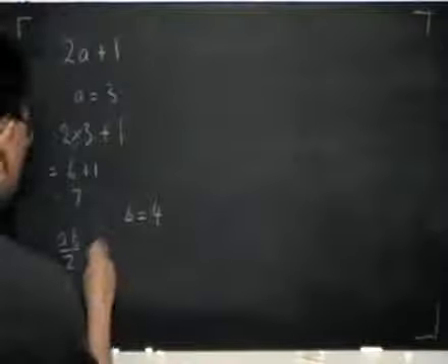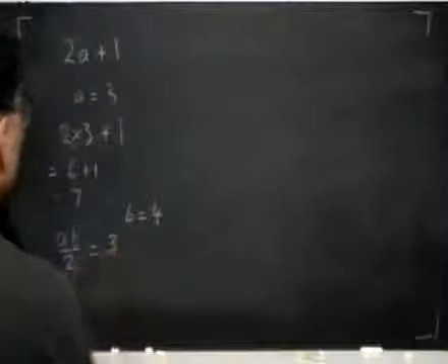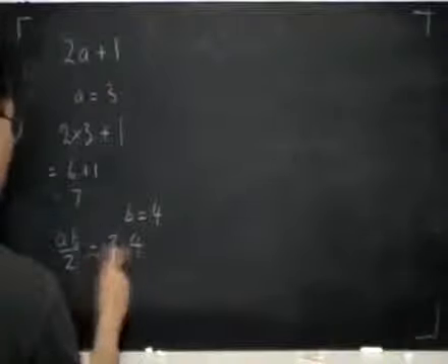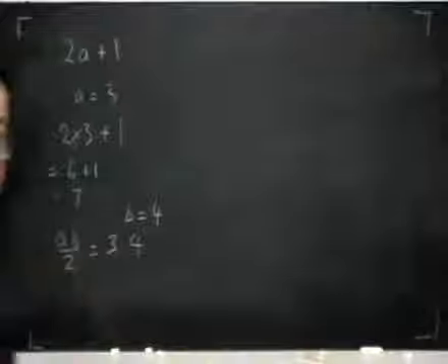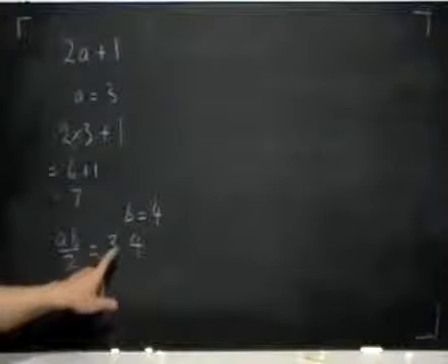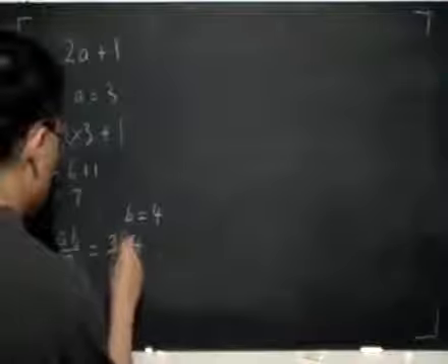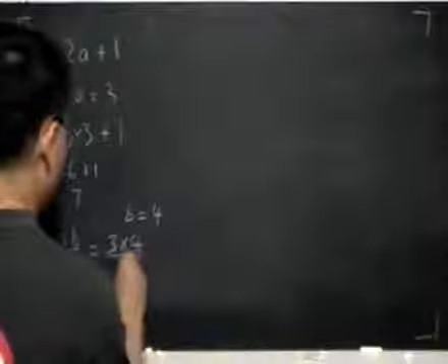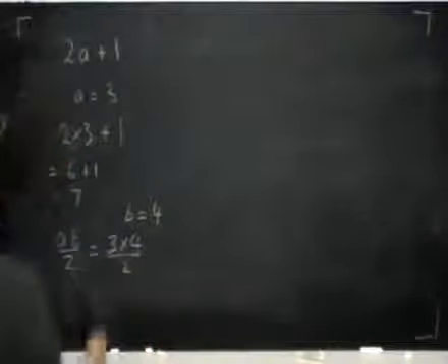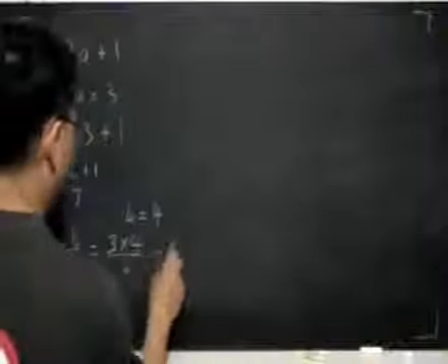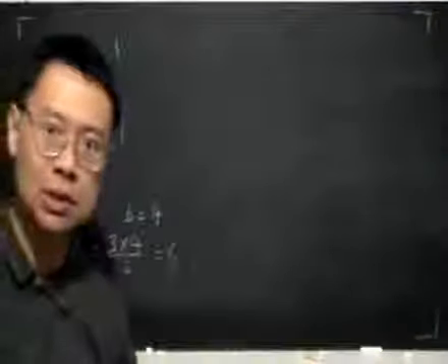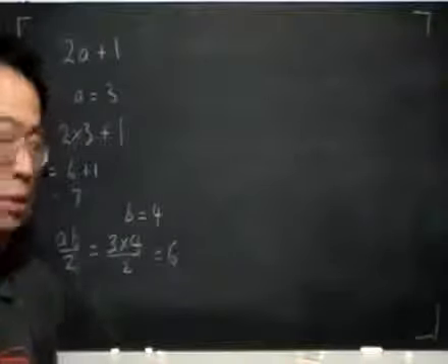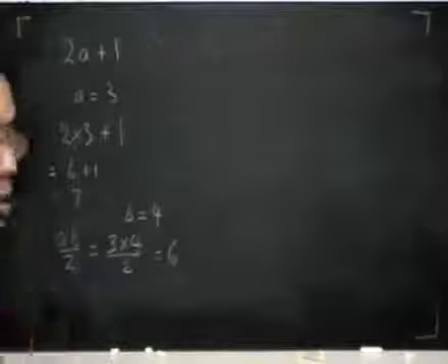So a is 3, b is 4, and since we have numbers now, we know that ab in algebra means a times b, so we need to insert the times sign between them, over 2. Then 3 times 4 over 2 would be 6. So that's calculating expressions by substitution if we know the numbers for the symbols.